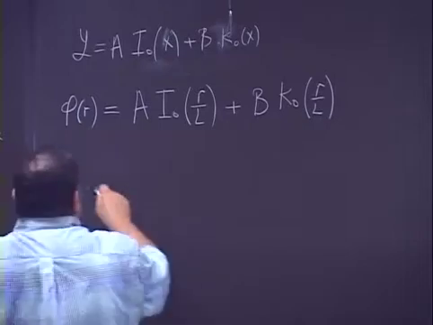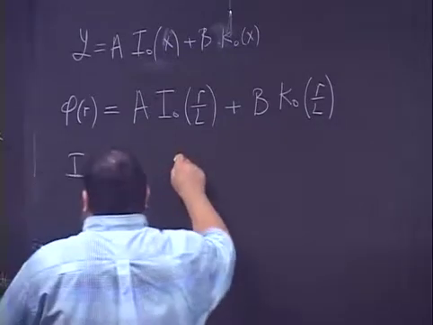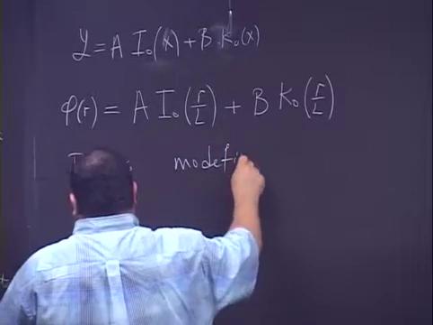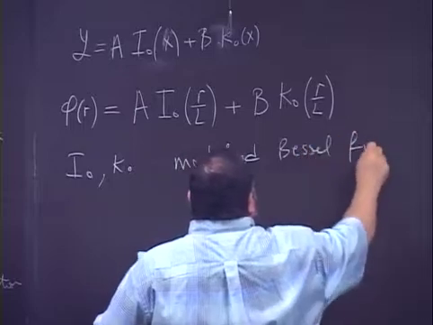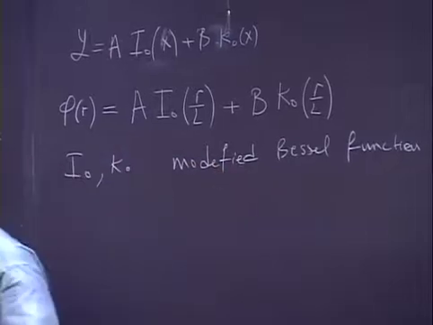So I naught and K naught are called modified Bessel functions. Again, because you have a negative sign here, it is the modified.